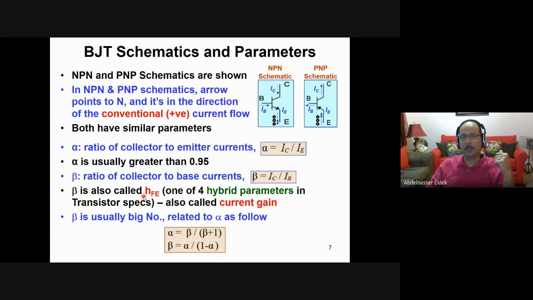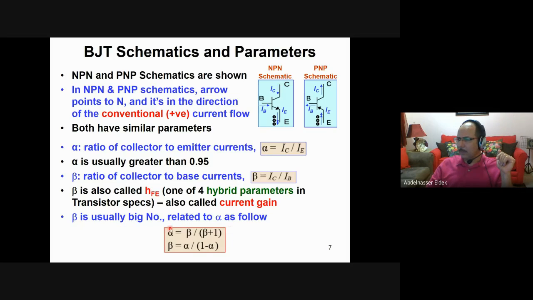Beta is also called hFE, one of the hybrid parameters of any transistor. When you look at the data sheet for any transistor, you will find the h parameters. hFE is the same as beta, there is no difference. It is also called the current gain, because it is the ratio between IC and IB: IB is the input and IC is the output.